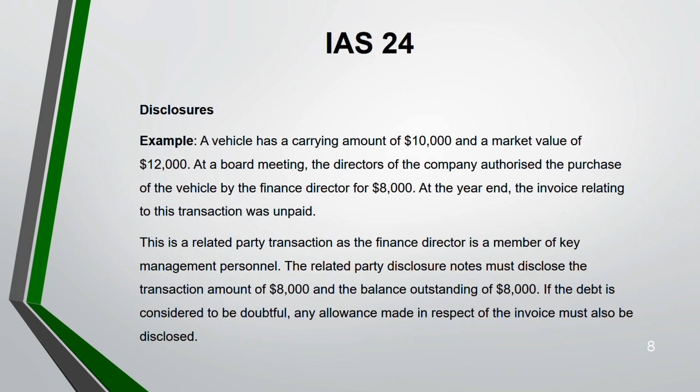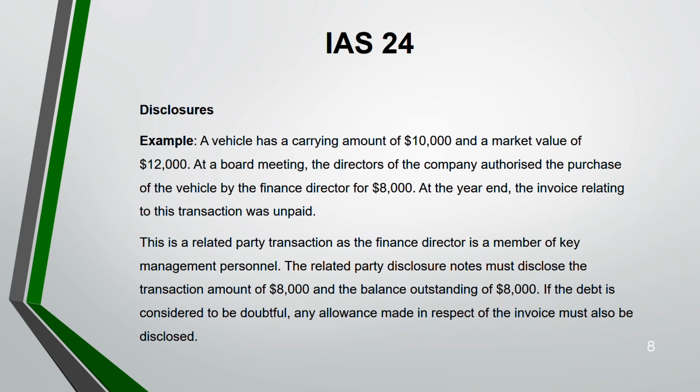Because the finance director is a key management personnel. So it's very important for you to identify who are key management personnel and who are not. Okay. So this related party disclosure notes should disclose the transaction amount of 8,000 and also the balance outstanding of 8,000. If the debt is considered to be doubtful, you have to make the allowance regarding the 8,000 invoice. This also you have to disclose.